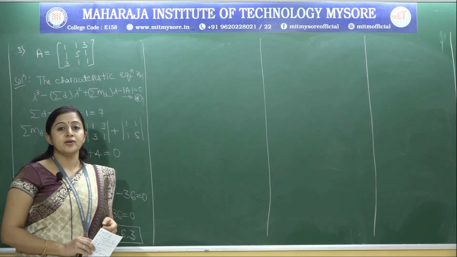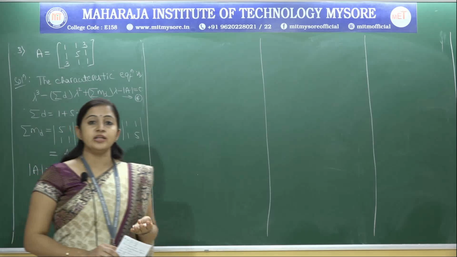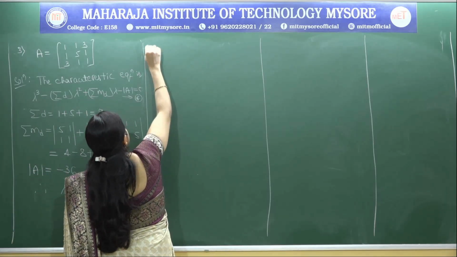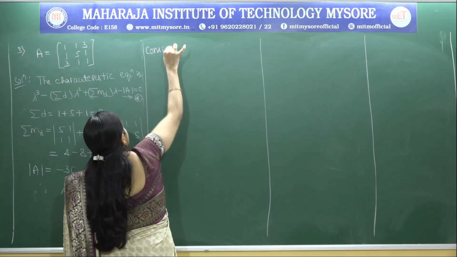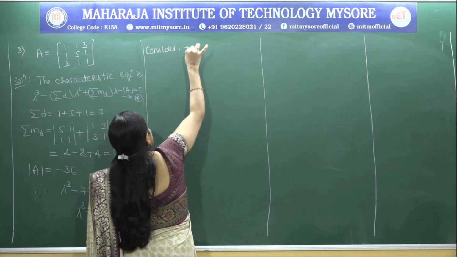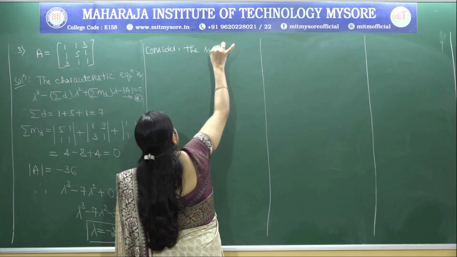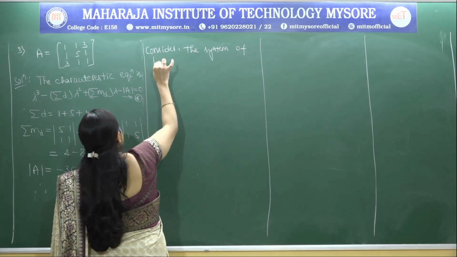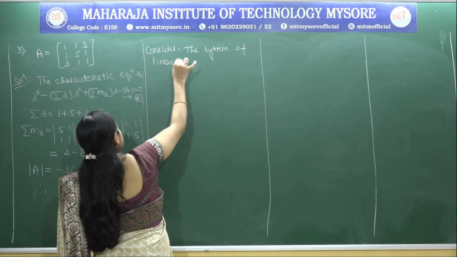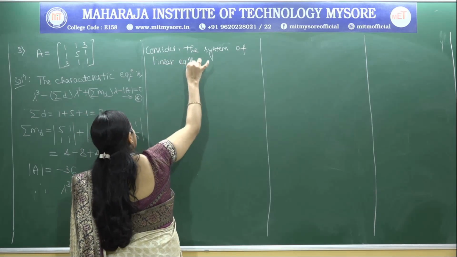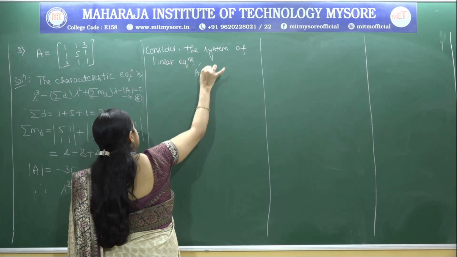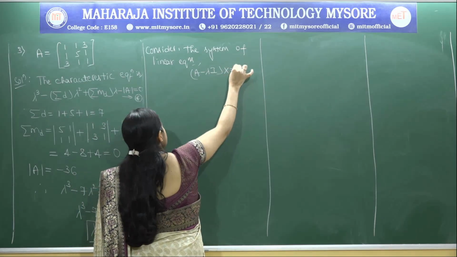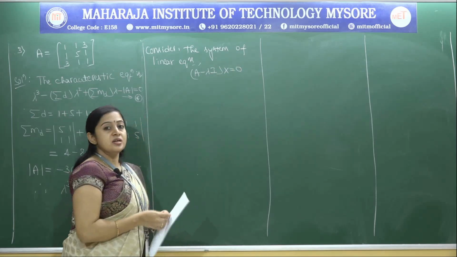Next, you find the eigenvectors by considering the system of linear equations, that is (A minus lambda I) x equals 0.